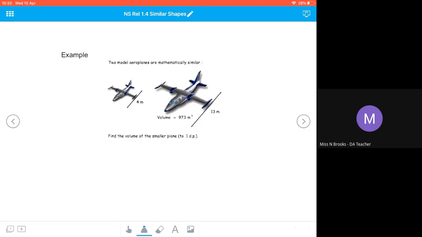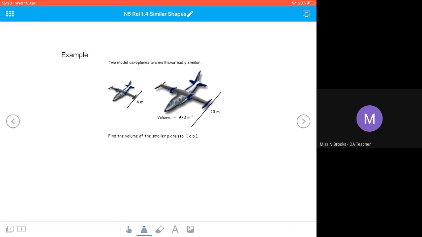So our next example, we've got 2 model airplanes that are mathematically similar. And you can see the corresponding sides are the lengths of those model airplanes. We've got one model airplane that's 4 meters long, and we've got another model airplane that's 30 meters long. Also, the picture tells us that the volume of the larger model is 973 meters cubed.